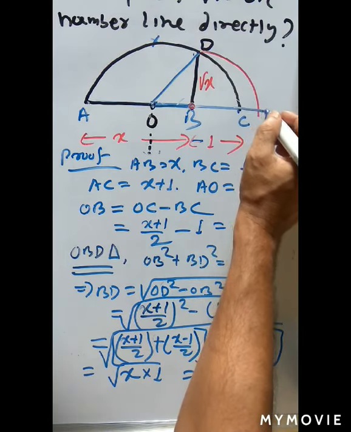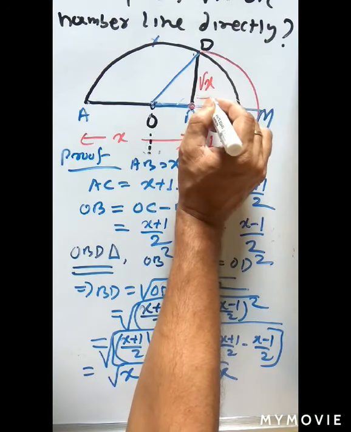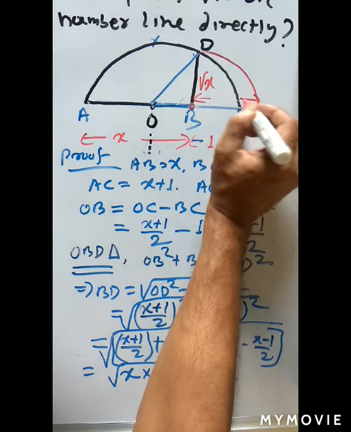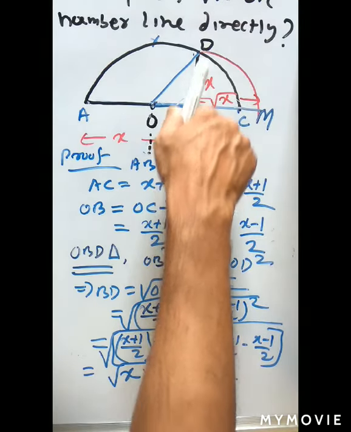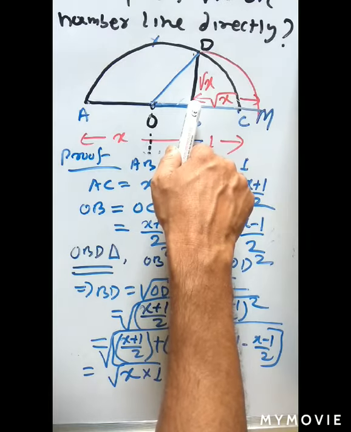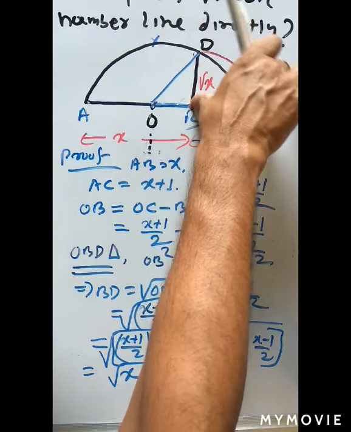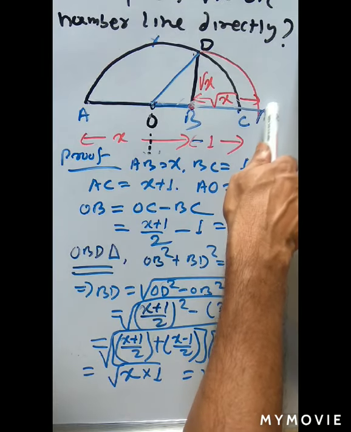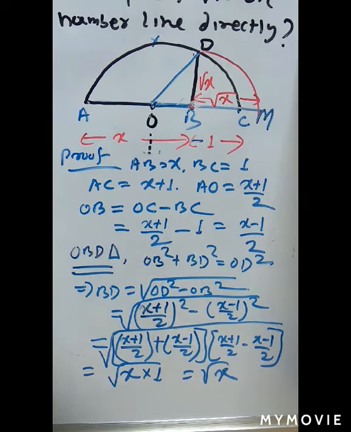This arc will meet the number line at, let us say, point N. The value of BN is equal to square root of x. So BN represents square root of x.